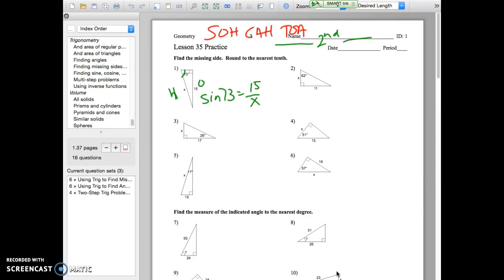When x is in the denominator, you just flip-flop. So you actually have to do a division problem. So for this one, if you want to figure out what x is, you're going to take 15 and divide it by the sine of 73. Make sure you got that in parentheses. When you work it out, you'll end up with 15.7.